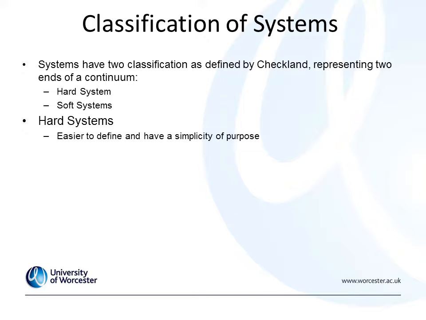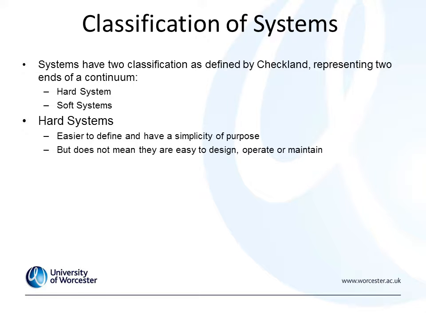So it's real-world problem-solving things, machines, aircraft, so anything to do with engineering or to do with computerised systems. They have a simplicity, really, of purpose and clarity of boundary, but it doesn't necessarily mean that they're easier to design or operate or maintain.